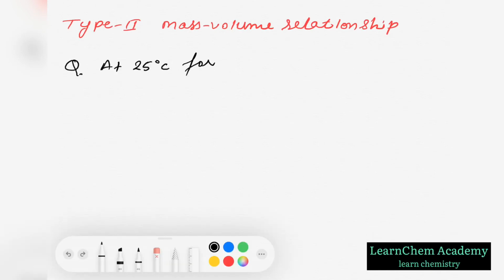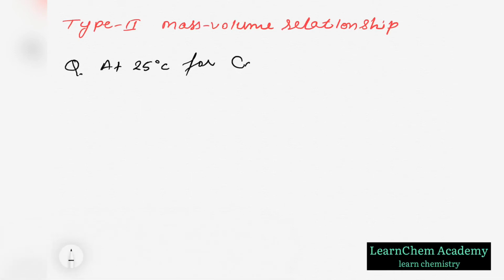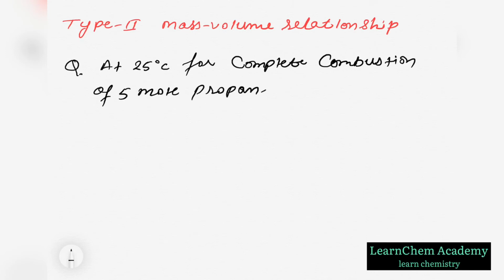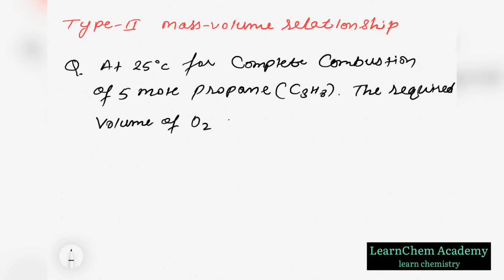So the question is, at 25 degrees centigrade, for complete combustion of 5 mole propane, C3H8, the required volume of O2 will be.